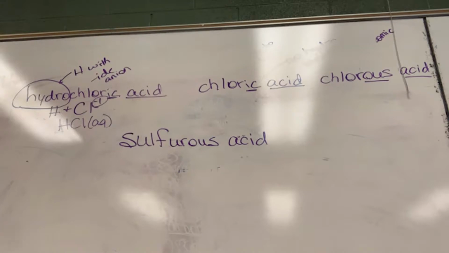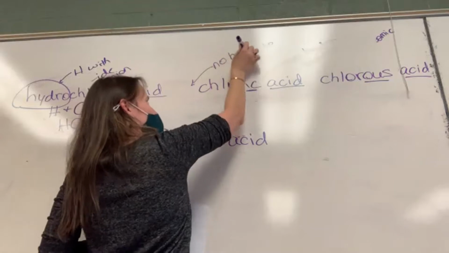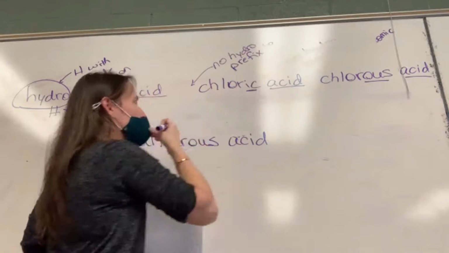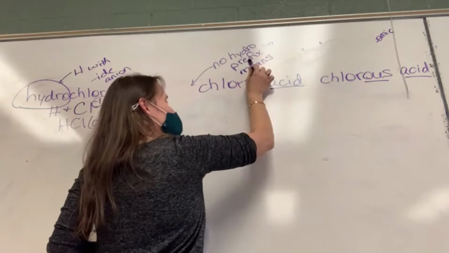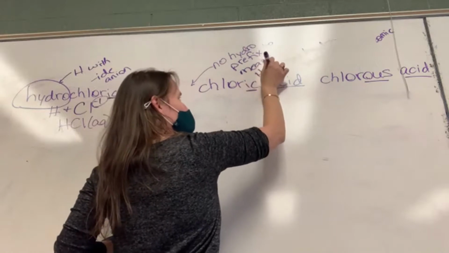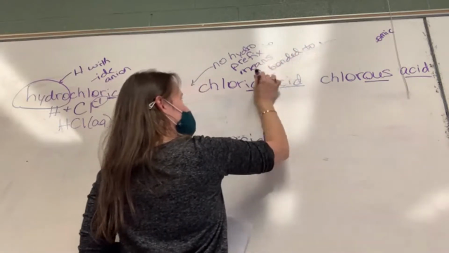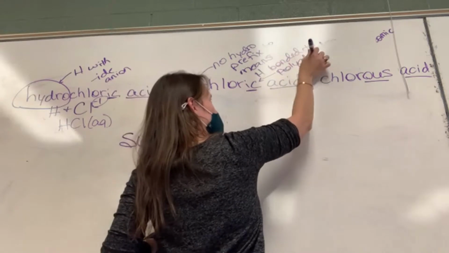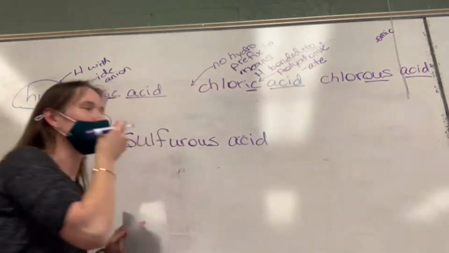what you've learned. Okay? This one does not have hydro. So that doesn't mean there's no hydrogen, it's just there's no hydro prefix. And so what that means is that you have hydrogen bonded to a polyatomic ion that ends in ate.